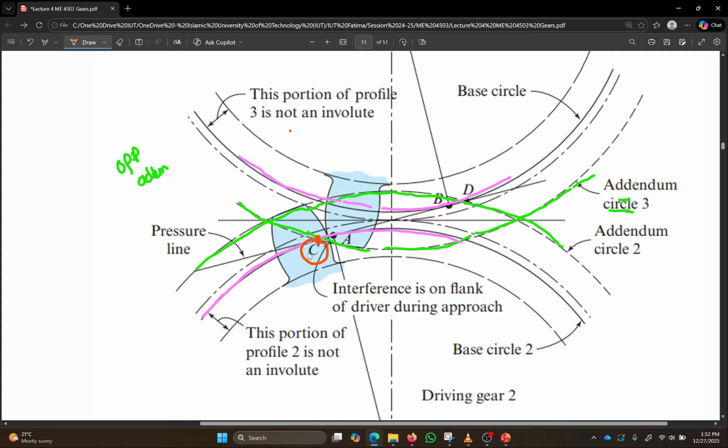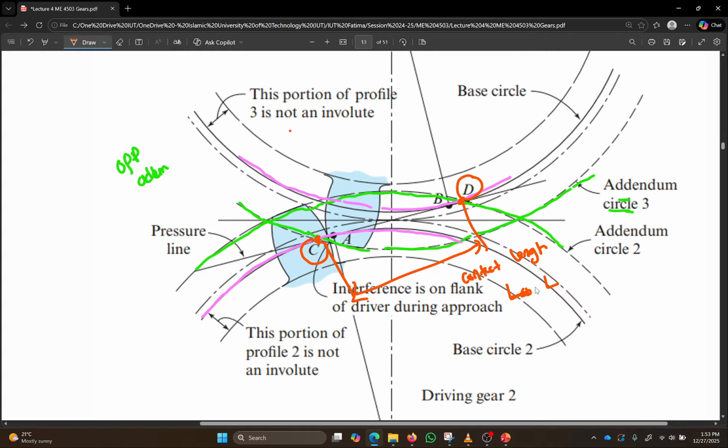Let's call it C. Again, the addendum circle of gear 2 matches with the base circle of gear 3 at another point, which is the point B. This distance is called the contact length, usually denoted by L_AB, or basically L, the contact length.